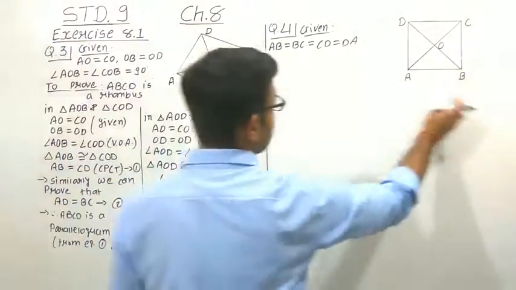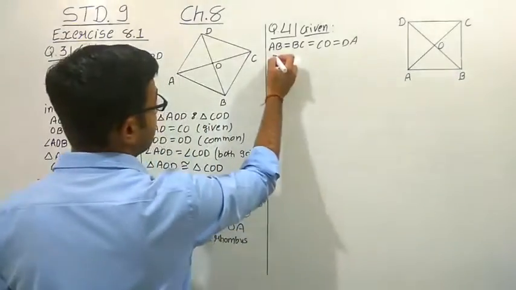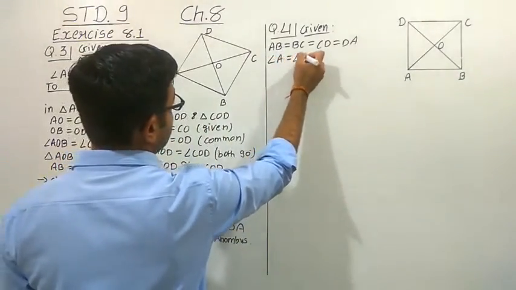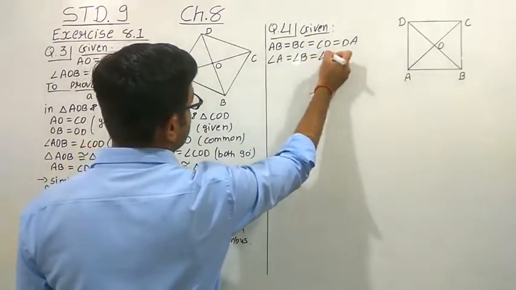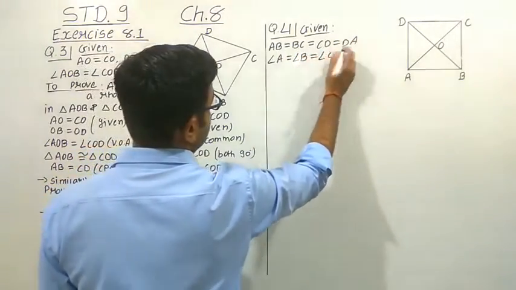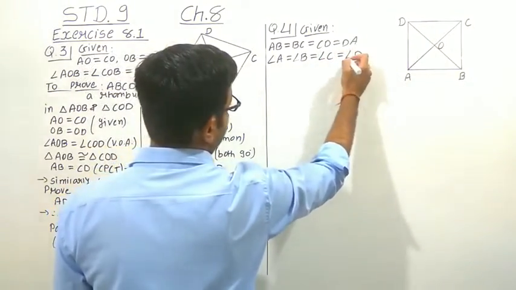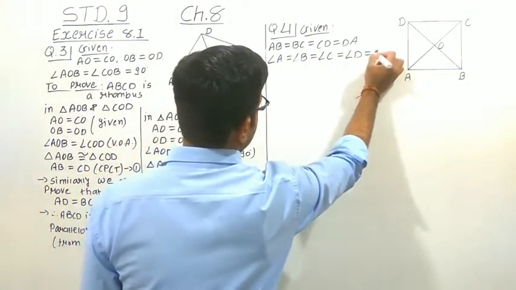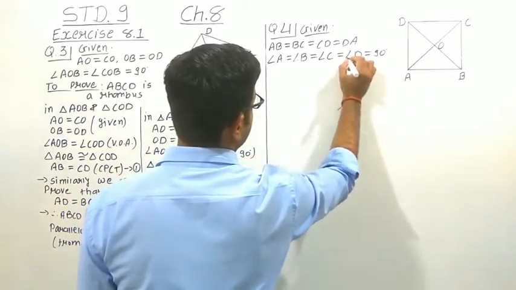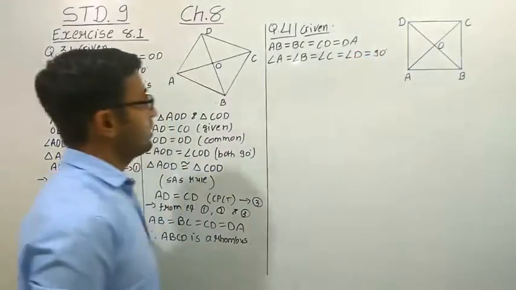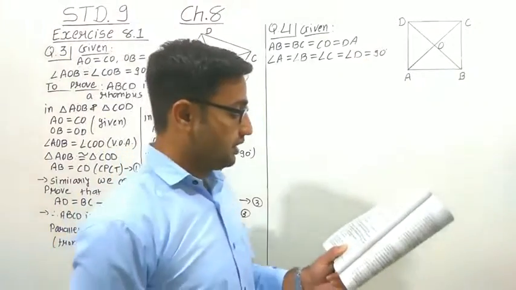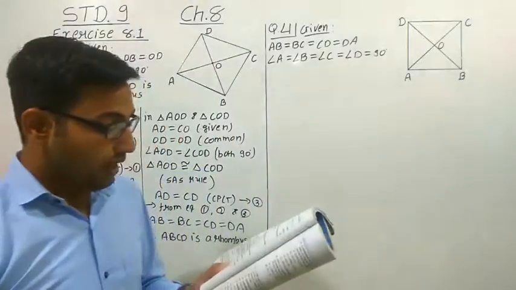Also, all these four angles are of 90 degrees, right? So angle A is equal to angle B is equal to angle C is equal to angle D, and all the four angles are of 90 degrees. So this is the condition, as we are given that ABCD is a square.